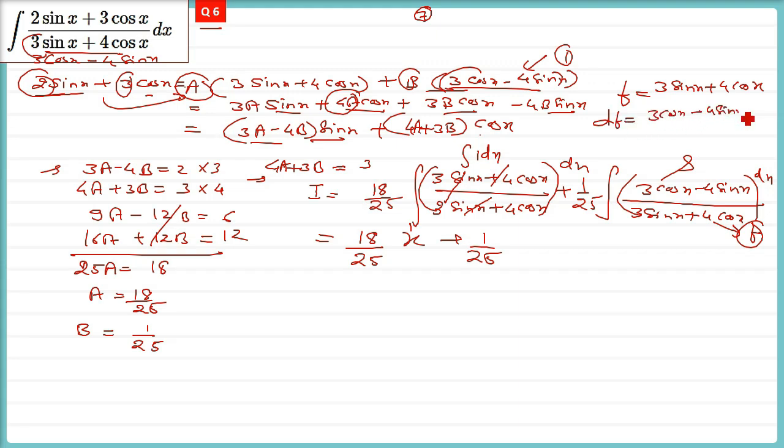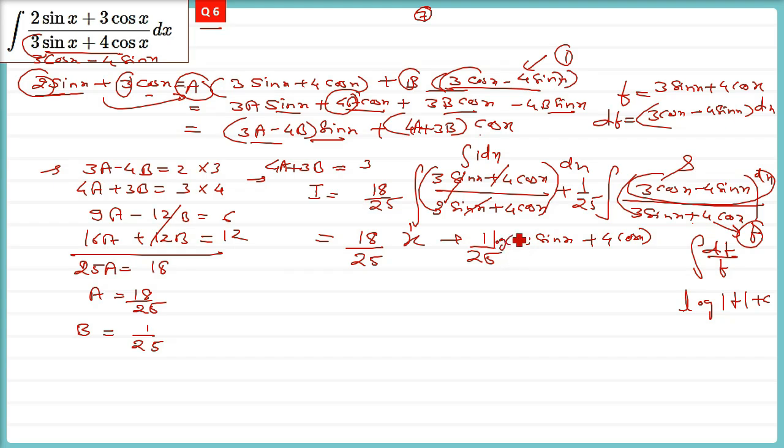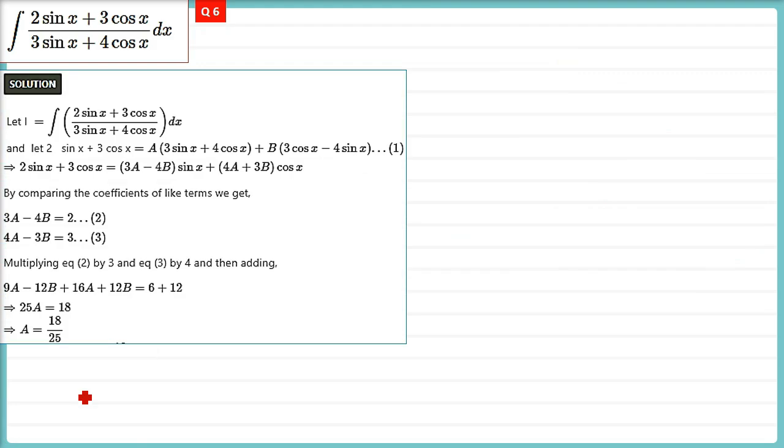So dt will be equal to 3 cos x minus 4 sin x dx. So this numerator has come as dt when we kept t equal to the denominator. So it's simply log modulus t plus constant of integration. It's 3 sin x plus 4 cos x in log modulus, plus constant of integration. That's your final answer.